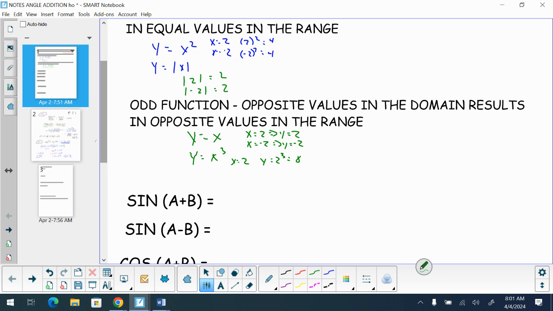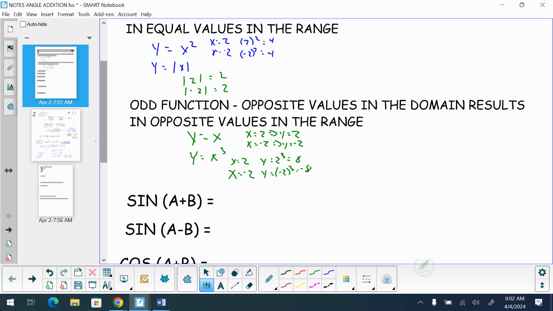X equals 2, y equals 2 cubed, which is 8. X equals negative 2, y equals negative 2 cubed, which would be negative 8. Opposite x's give you opposite y's. And those are algebraic examples of odd and even functions.